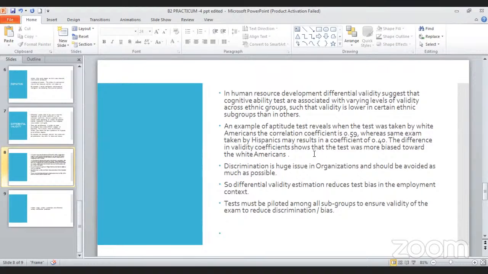It should be the same for the whole population. But this particular aptitude test reveals that the correlation coefficient is 0.59 for white Americans, but 0.40 for Hispanics. That means there is a difference in the validity coefficient, and it shows that the test is more biased towards white Americans. Is it clear?